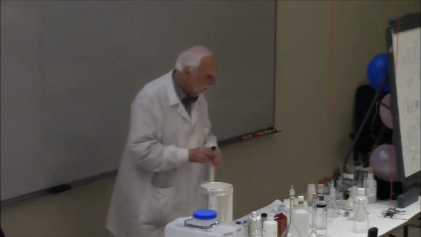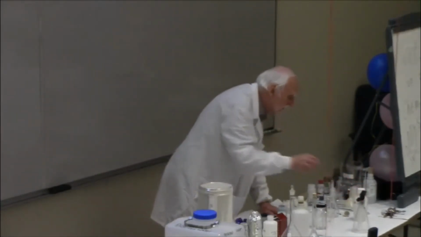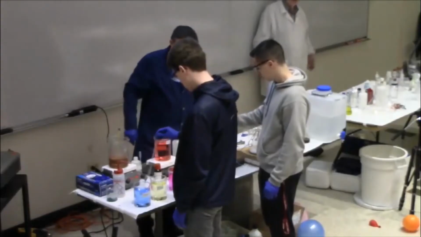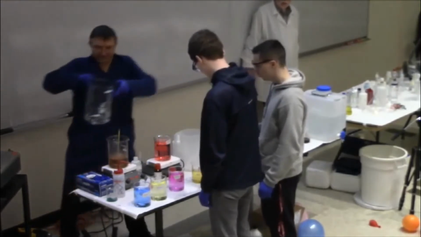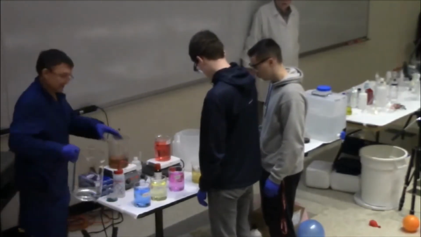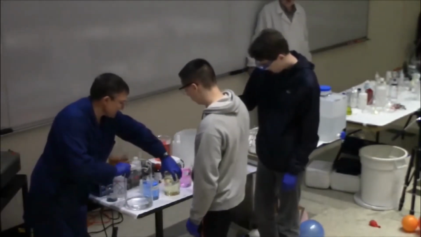All right, now we move into the acid-base reaction. The next one is called the rainbow reaction. Rainbow colors. So now we're going to mix all the colors together and put them in one beaker. Let's see what happens. Chemistry is experimentation. We always want to see by the experiment.